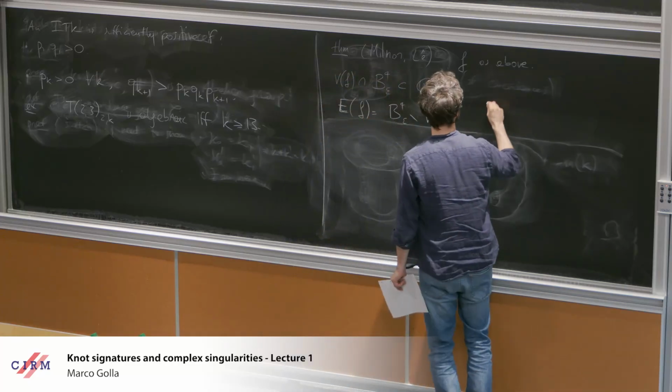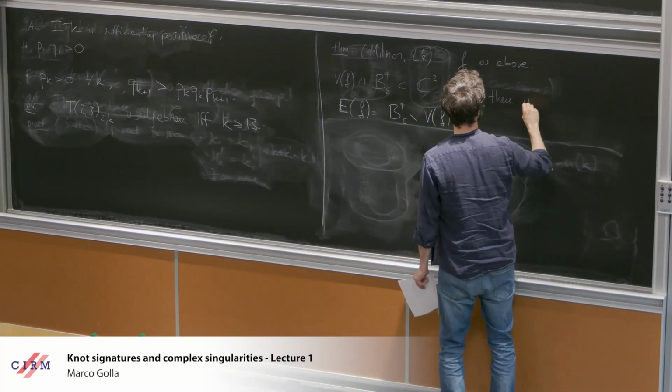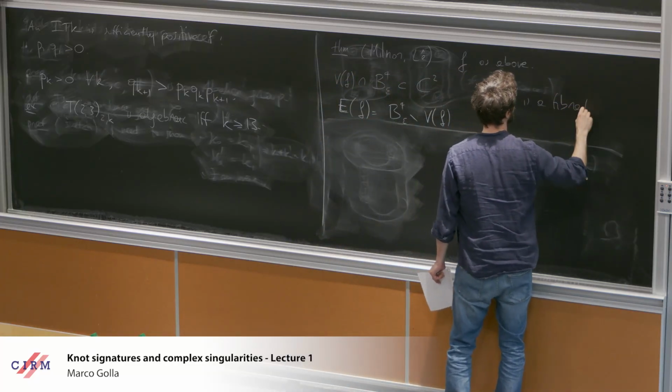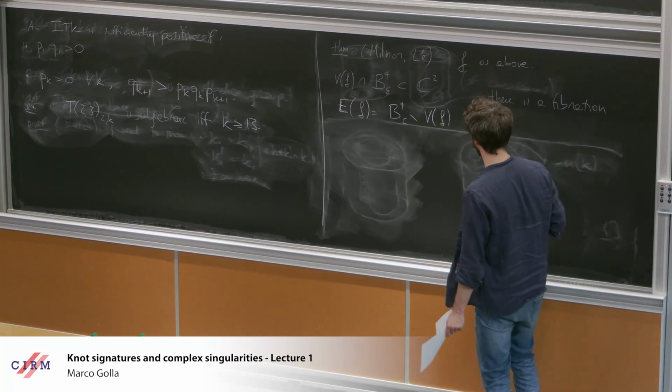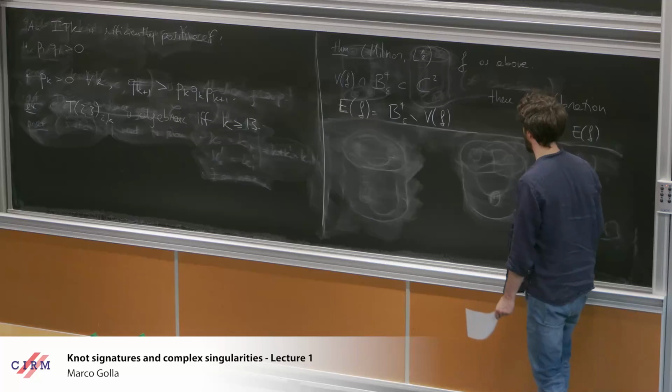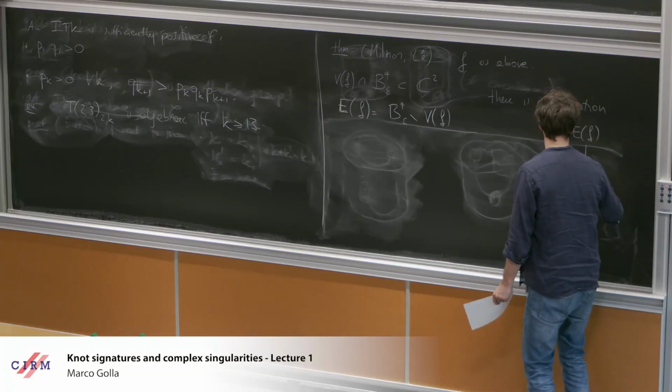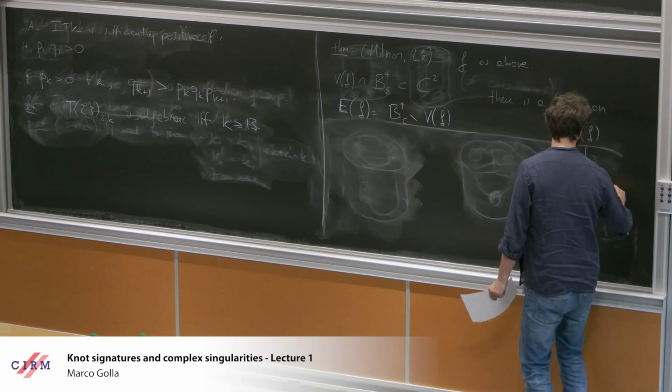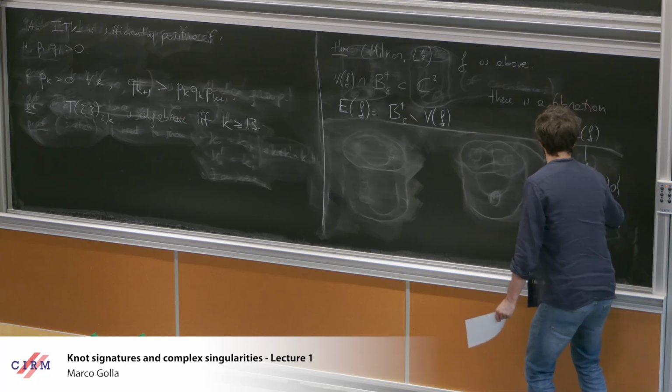But there is a fibration. So I need to be careful about this. The exterior of F fibers over a small disk minus the origin, D2 minus the origin.